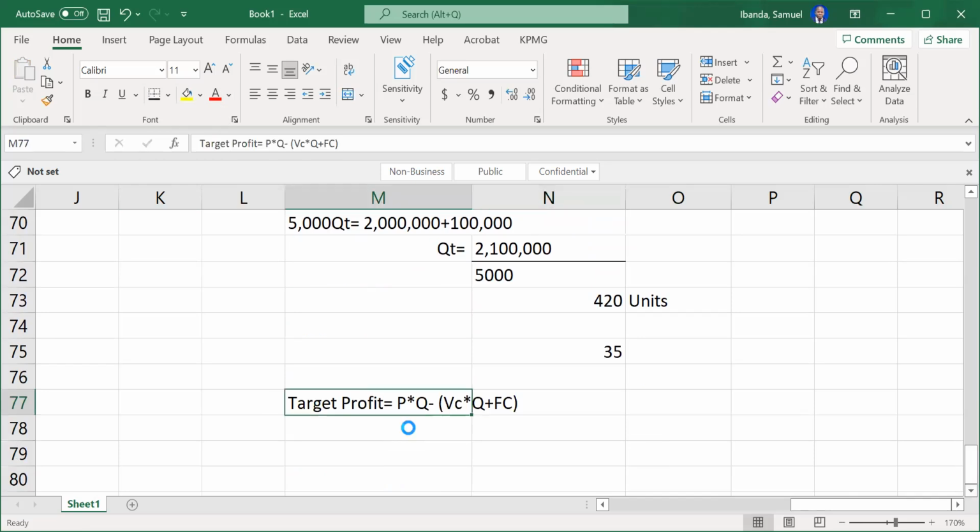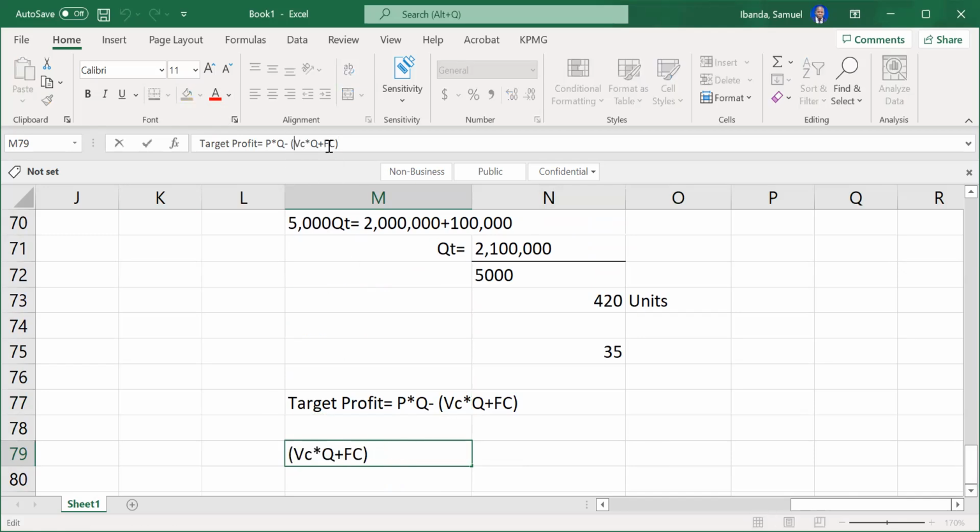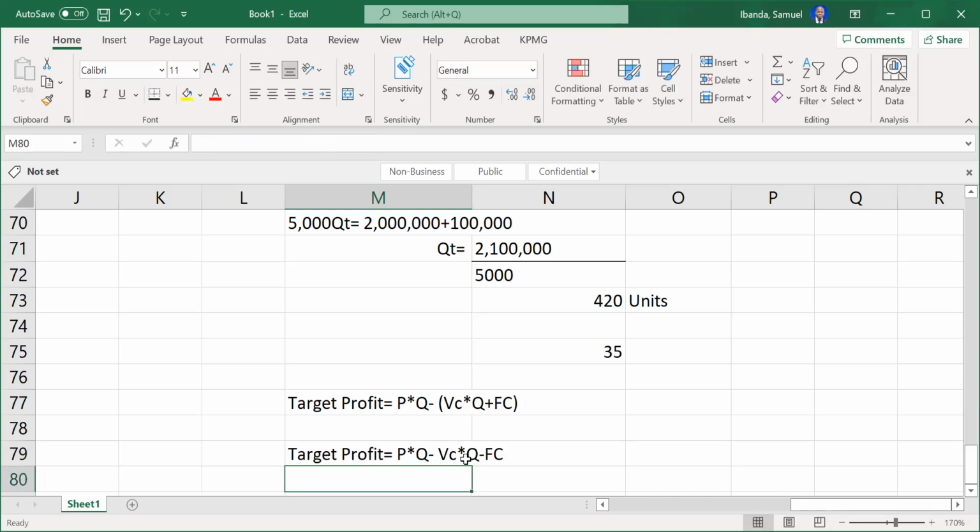This formula can be expanded. I just want us to bring in the idea of target contribution. So we can expand this formula and definitely remove this VC and put a negative here. I'm just removing the brackets. So I just want you to look at this.